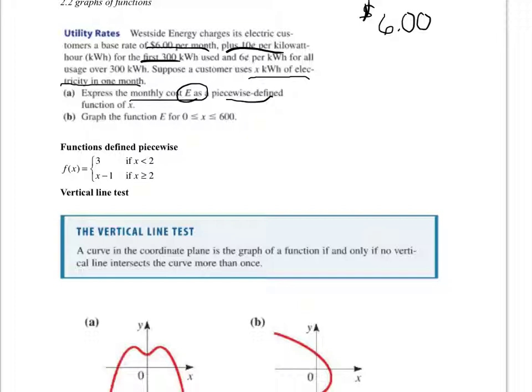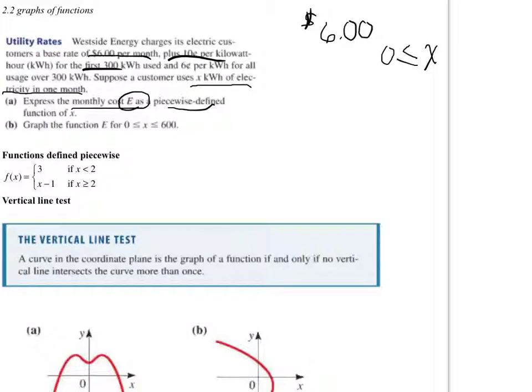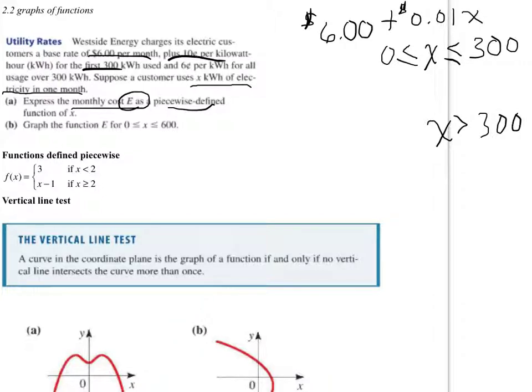So if x, the number of kilowatt hours, is between 0 and 300, less than or equal to 300, then it's 10 cents per kilowatt hour, so plus 10 cents, which is $0.10, times the number of kilowatt hours between 0 and 300.